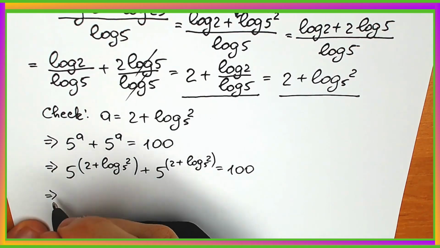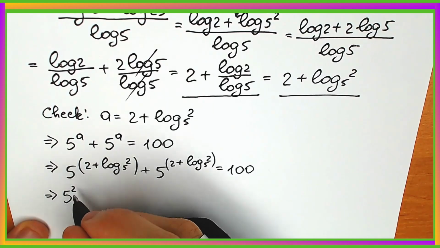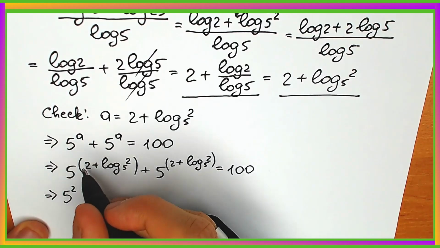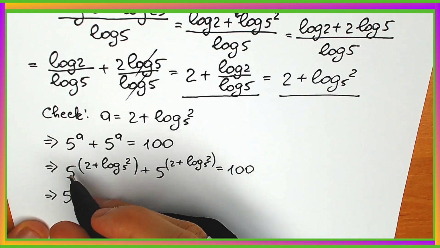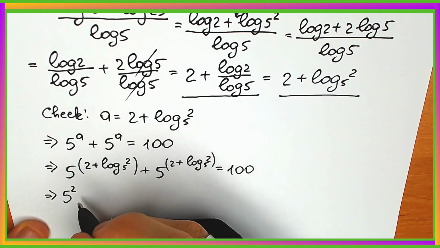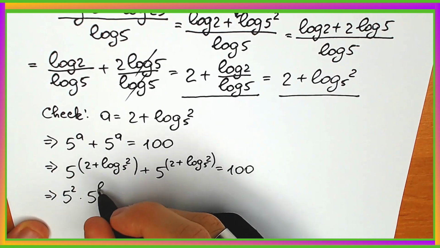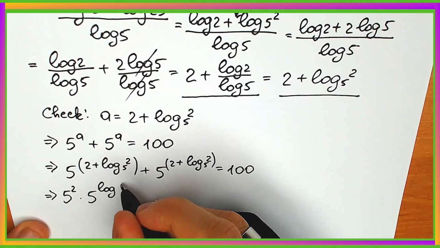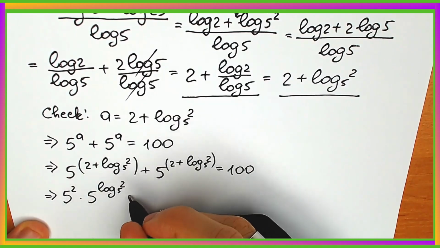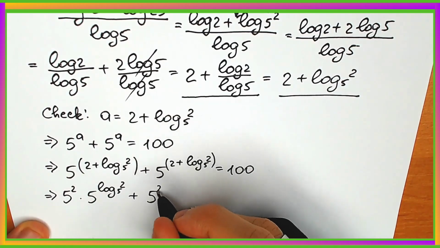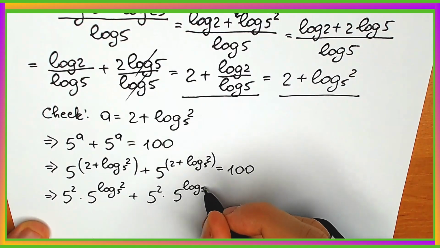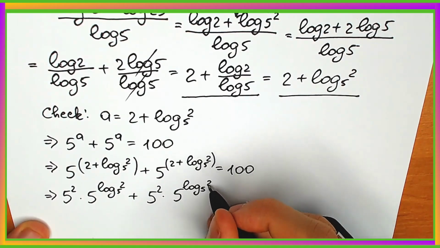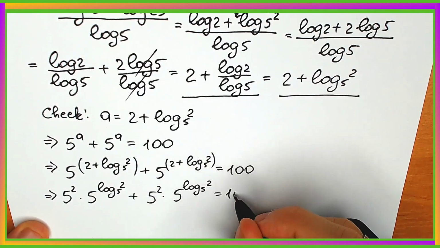We can write it as 5 squared times 5 to the power log 2 base 5, plus 5 squared times 5 to the power log 2 base 5, equal to 100.